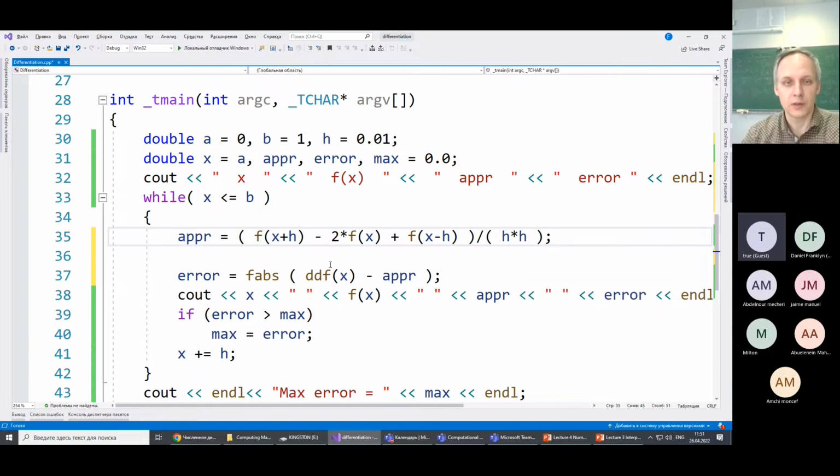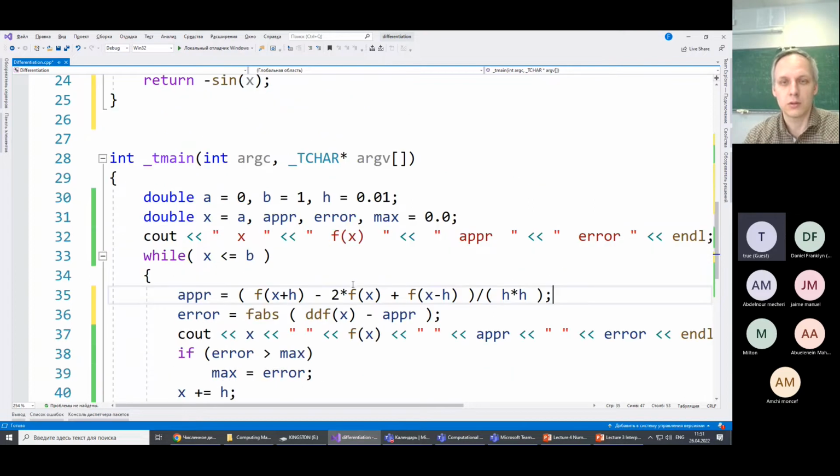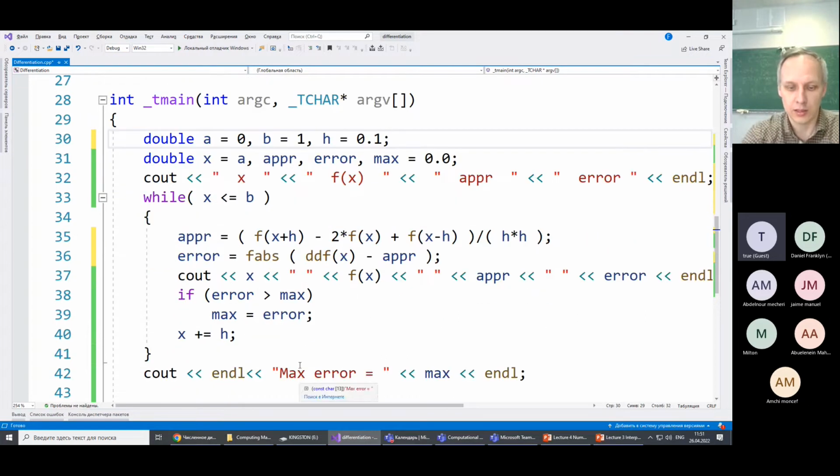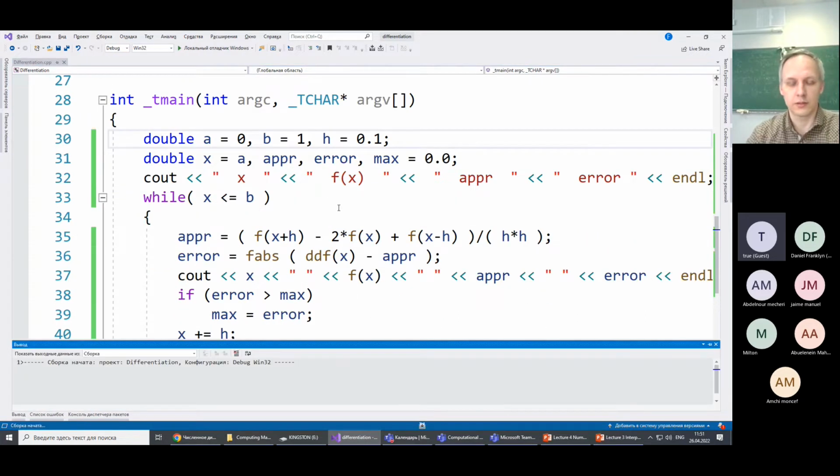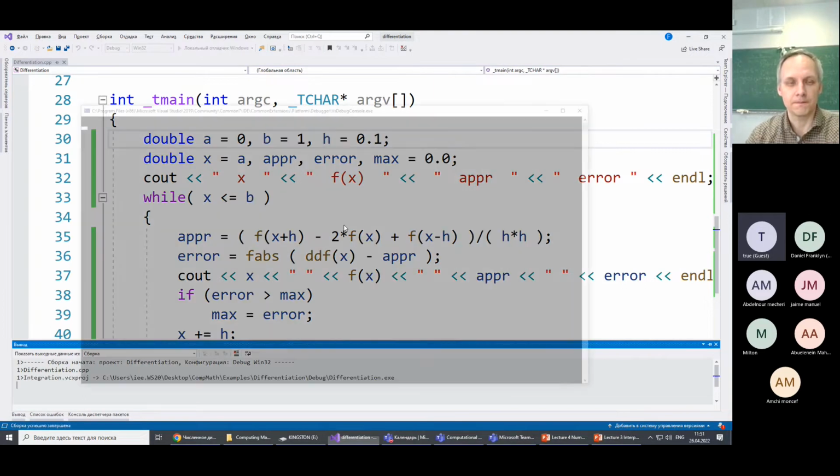Okay. Now let's use the step 0.1 and let's run this program.